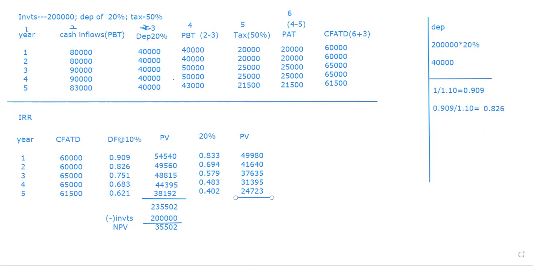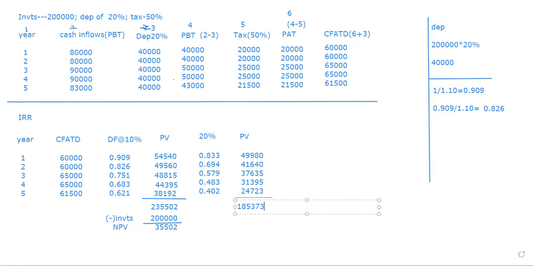First one 49,980, then plus 41,640 plus 37,635, sorry, plus 31,395 plus 24,723. When I calculated, my answer is 1,85,373. Yeah, good. So one negative factor, we got it at 20%. 1,85,373, so I got my answer.